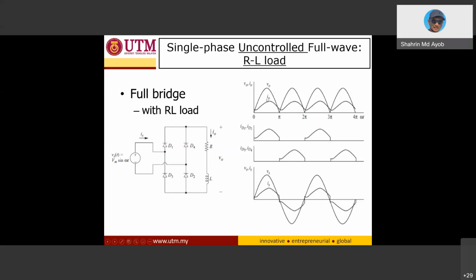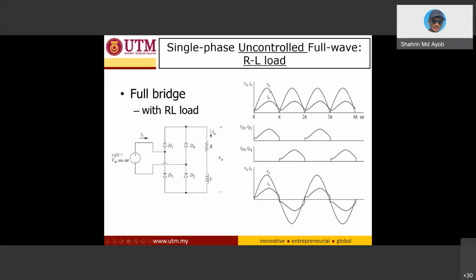The current is in continuous mode, and there is no extinction angle. If you recall the half-wave rectifiers, we had an extinction angle, because the energy inside the inductor needs to be discharged, and that forces the diode to turn on. But for the full wave, there is no extinction angle.